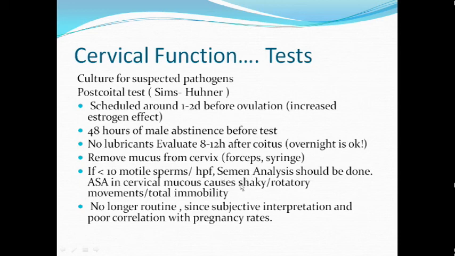The count may be less, but if it is normal, then ASA in the cervical mucus cause a shaky or rotatory movement or total immobility. So by collecting this mucus, you can also look for this movement. It is no longer a routine test since interpretation is subjective, so there is poor correlation with pregnancy rates.